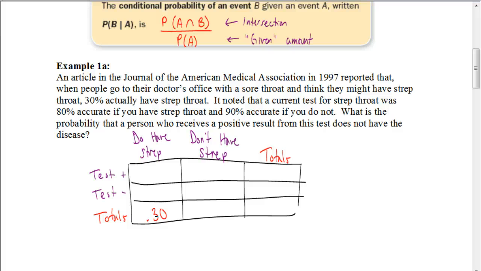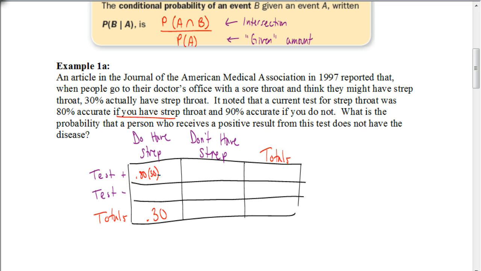And it noted that a current test for strep throat was 80% accurate if you have strep throat and 90% accurate if you do not. So what that means is that it was 80% accurate if you have strep throat. That means if you have strep throat, it's going to test positive 80% of the time.